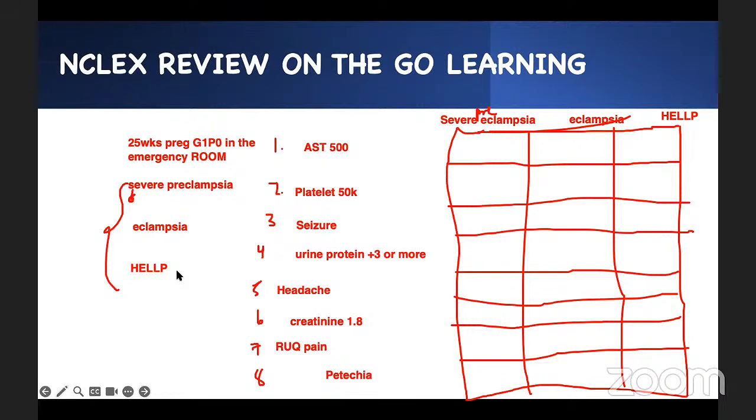So somebody say AST is HELLP, okay? Somebody also said severe preeclampsia, urine protein. So I put urine protein. It's a headache. It's seizure for eclampsia.